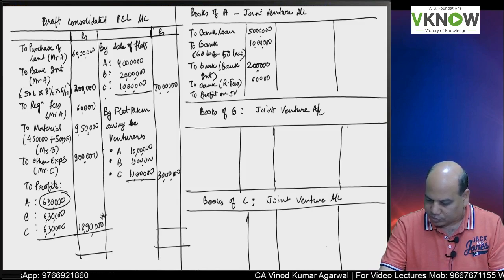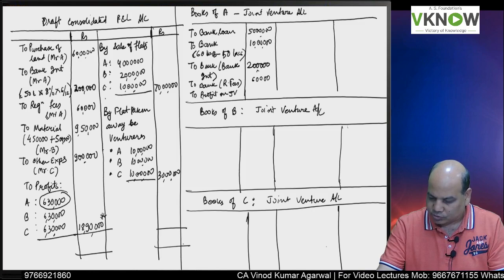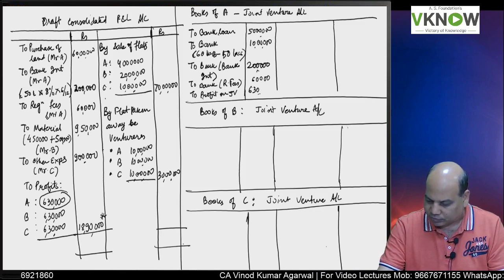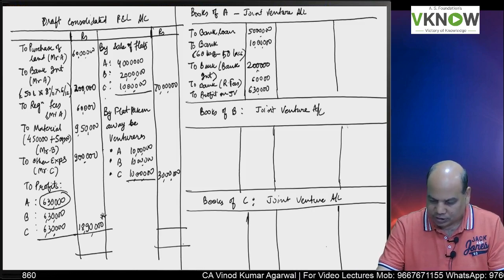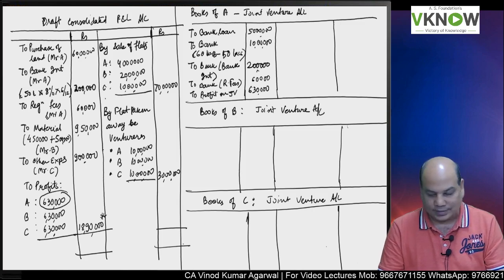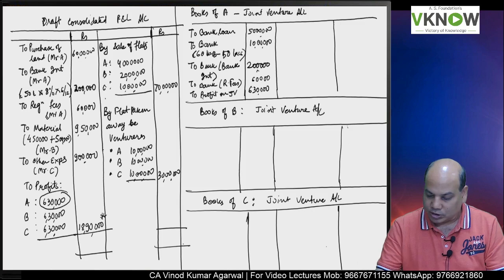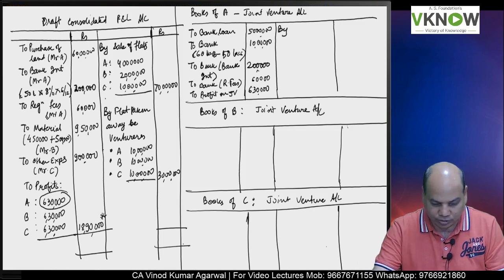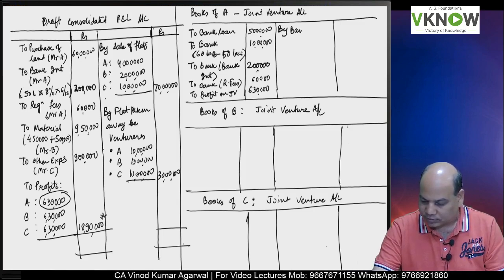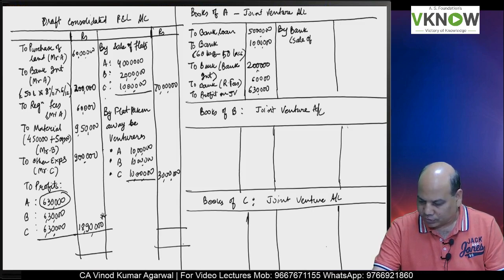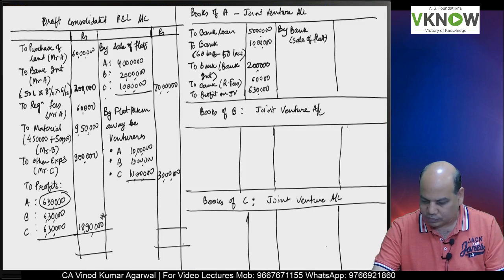So to profit on joint venture, this will be transferred to joint venture. This will be transferred to P&L account, 6,30,000. These are the transactions entered by Mr. A, plus there are 2 more transactions. He has sold flats by bank, sale of flat, and he got 40 lakh.